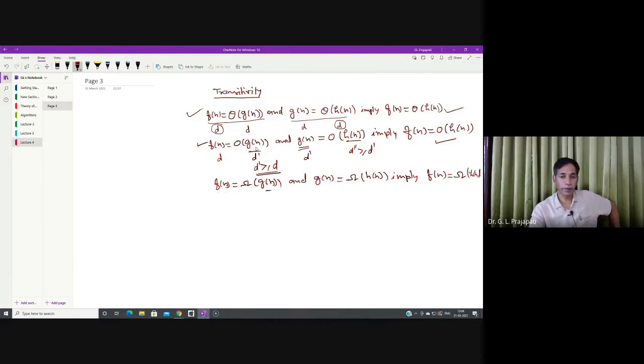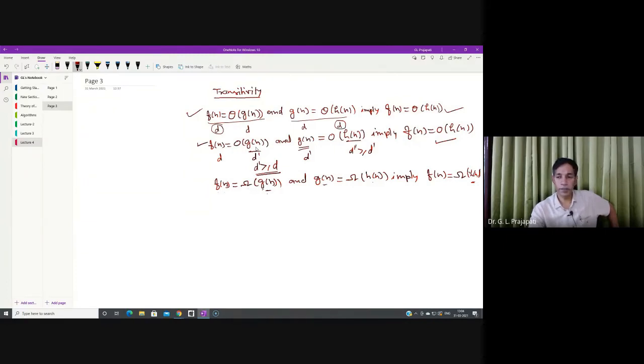So g of n is big omega of h of n means the degree of g of n may be more than or equal to that of h of n. So here you can see that f of n has degree more than or equal to g of n, and g of n has degree more than or equal to h of n.